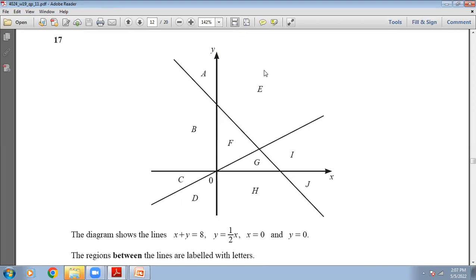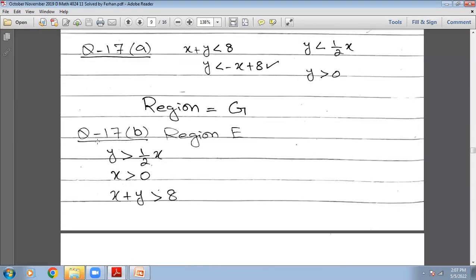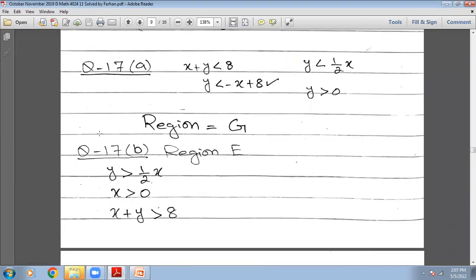So y is greater than 1 by 2x. So let me show you. I have written this so you can have more understanding. So here you see I have written the question number 17. A part is the region G, sorry. So question number 17, B part, region E is defined by these three inequalities.